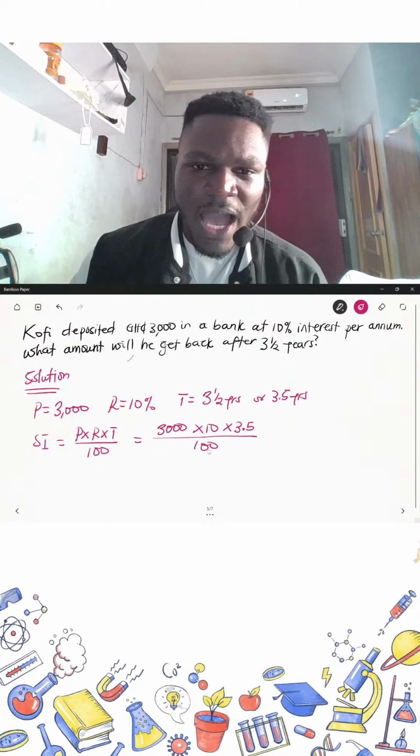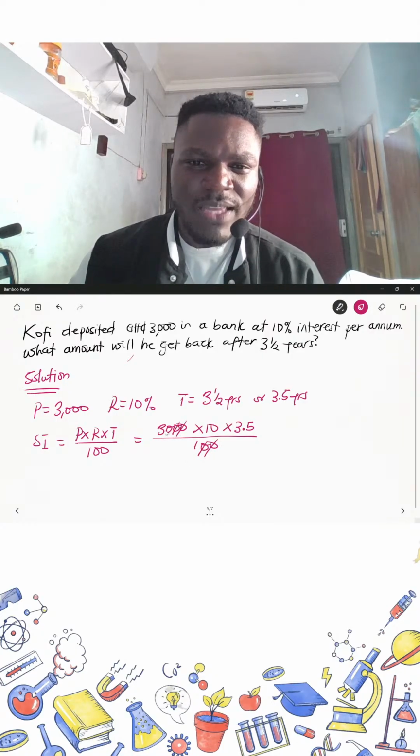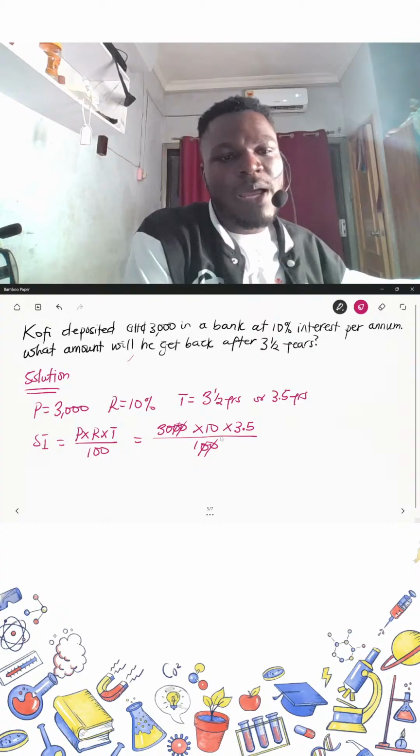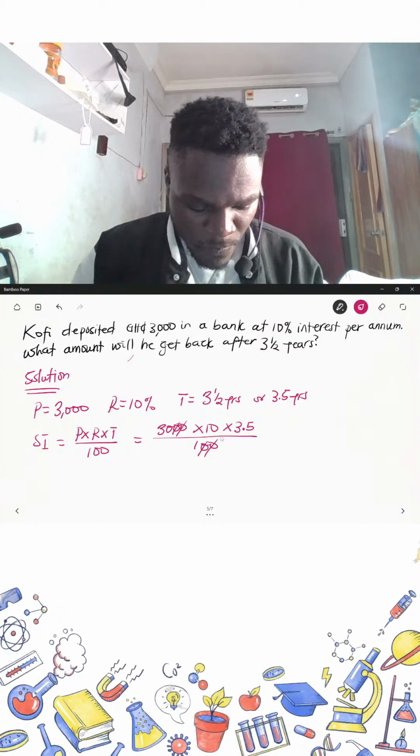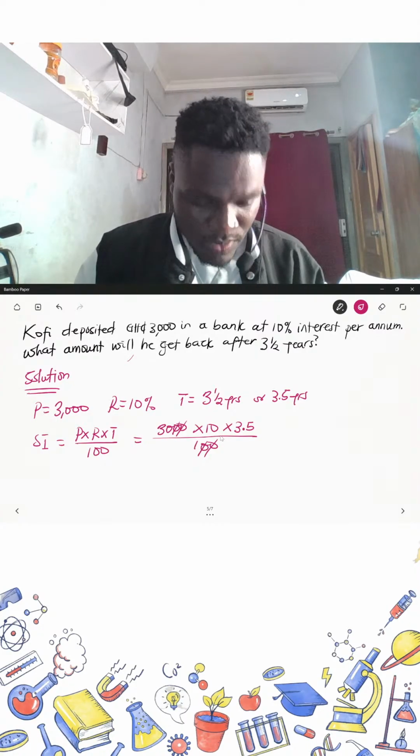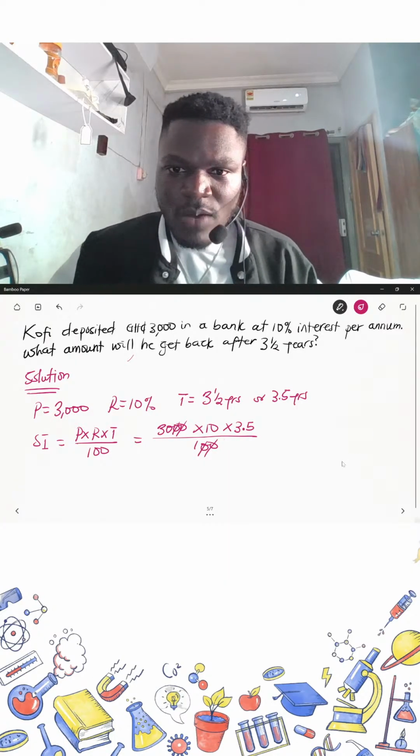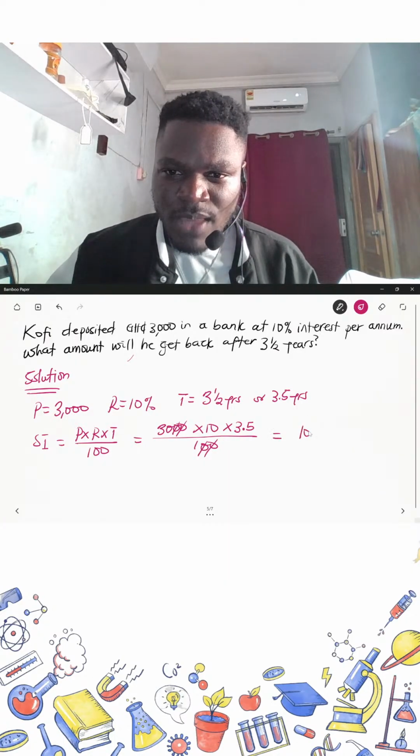As always, I will cancel 2 zeros, so I have 30 multiplied by 10 multiplied by 3.5. And that will give me 1,050 cedis.